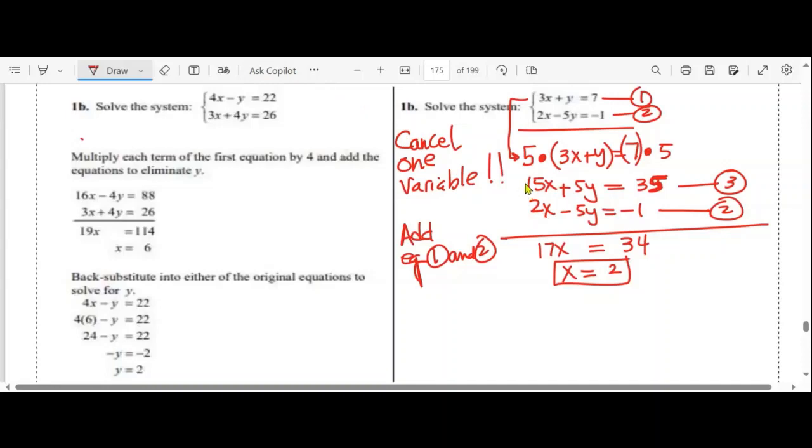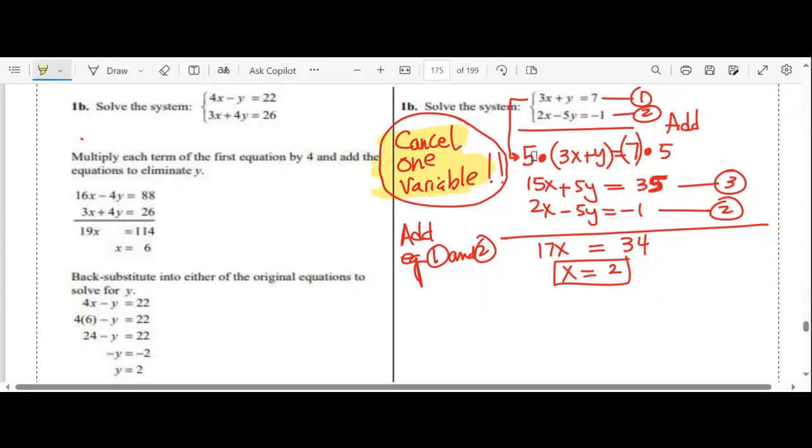For the next exercise, solve the system. 3x plus y equals 7. 2x minus 5y equals negative 1. If you add, we will not be able to cancel one variable. So I have to use another technique.